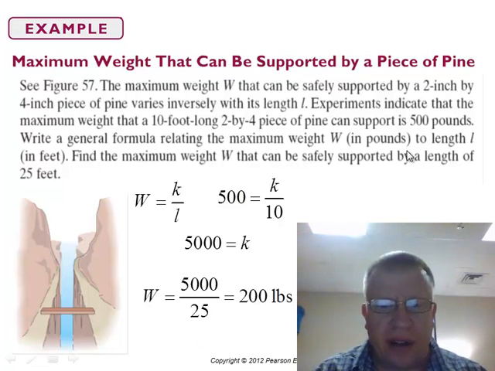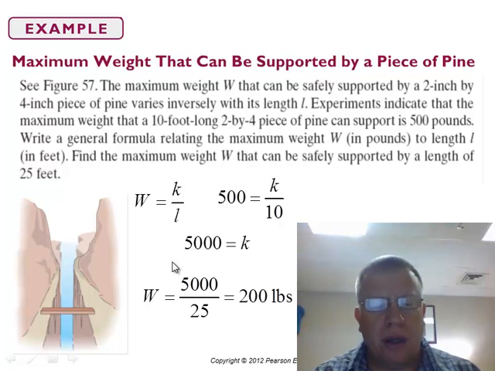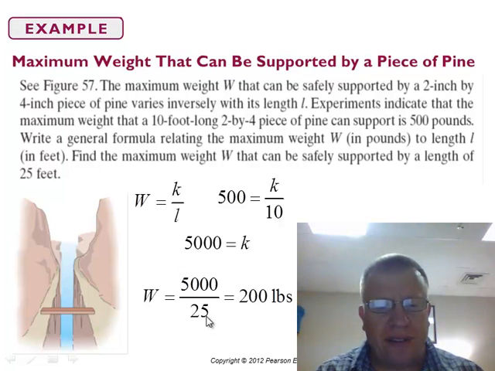So now we can answer the question: find the maximum weight that can be safely supported by a length of 25 feet. So if this piece of wood that satisfies this equation is 25 feet, will it support you? Well, you plug in 25 feet for L in the equation, and then 5,000 divided by 25 works out to be 200.